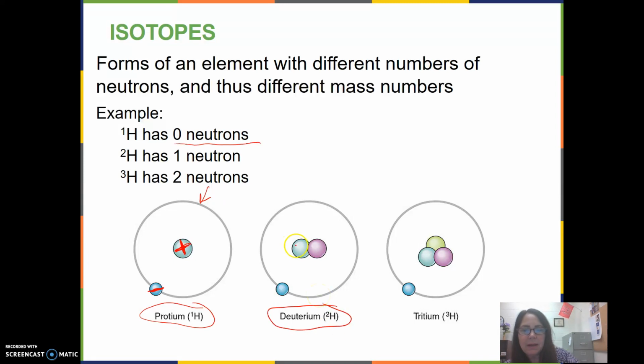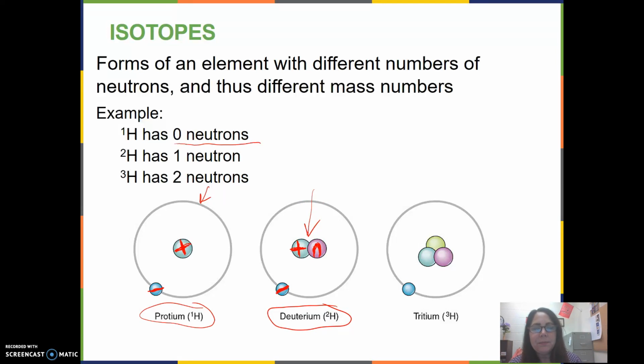There is 1 proton and 1 electron, and then there is 1 neutron. I'm just going to put it as an N for neutron because we know it's neutral. It has a 0 charge. So the overall mass number is 2 because there are 2 particles in the nucleus, a proton and a neutron.